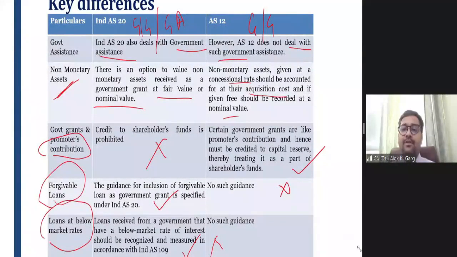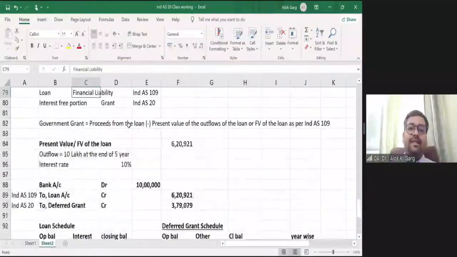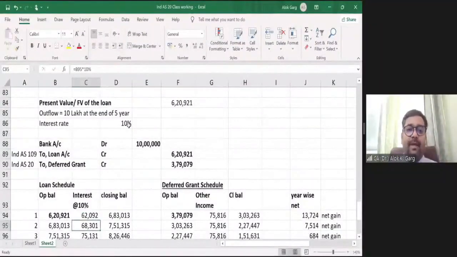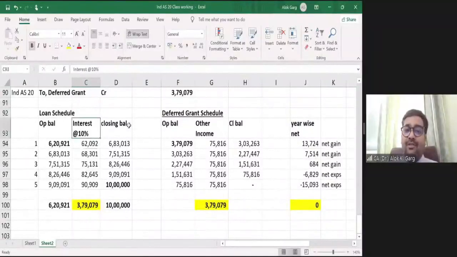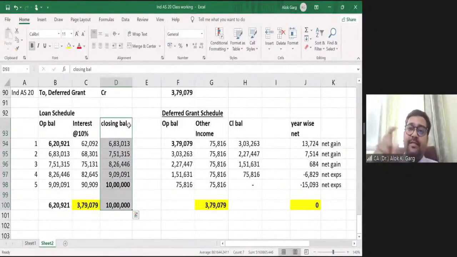So Kalyani, let me show you what happens if, instead of an interest free loan, it is a loan given at a concessional rate, let's say 6%. So in this case, what will happen? The interest has to be accrued at 10%, but the actual payment has to be shown at, let's say, 5%.